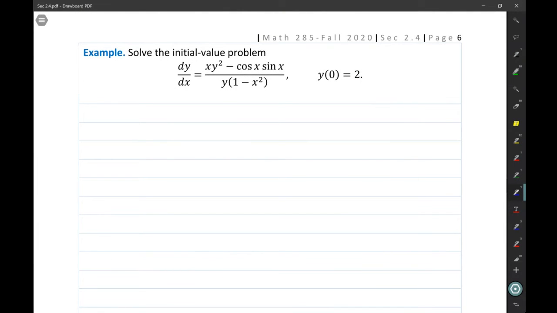It says: solve the following initial value problem. The question says dy by dx. It is not written exactly in the form of the exact equation, but I can rewrite it.